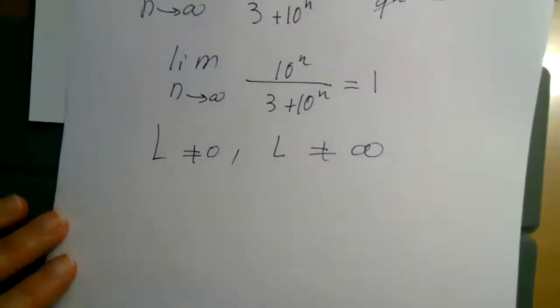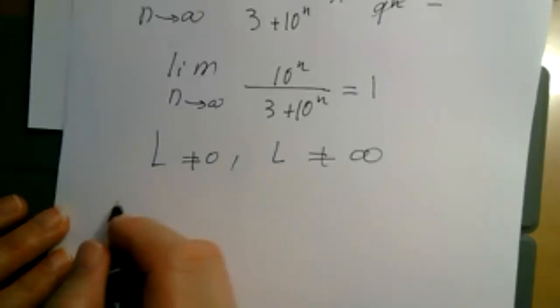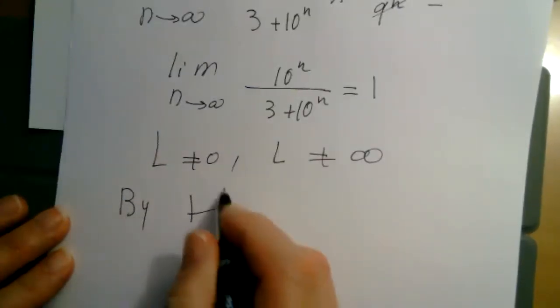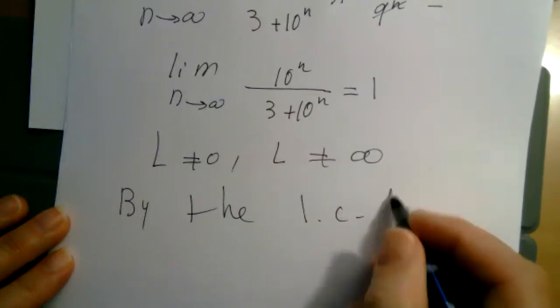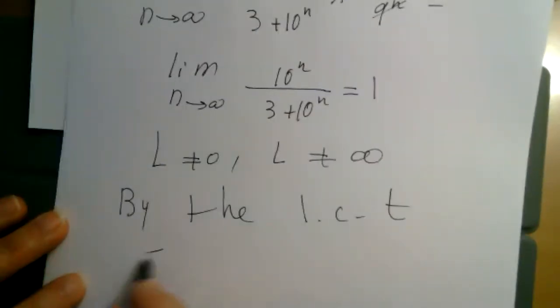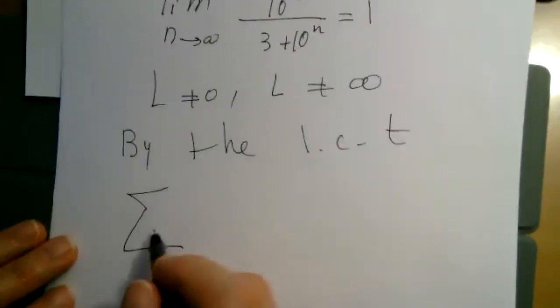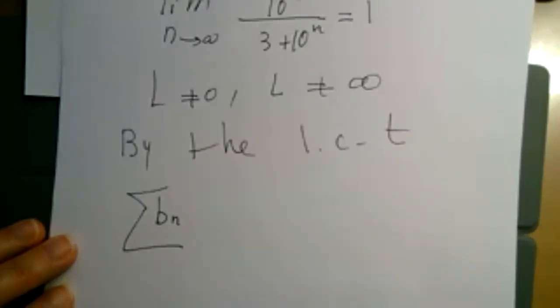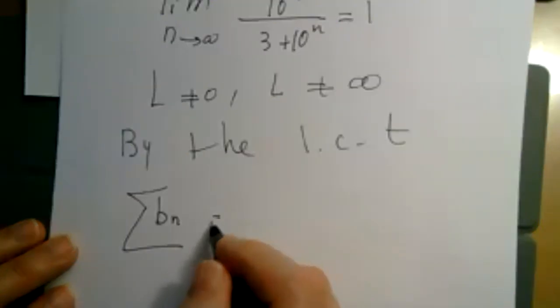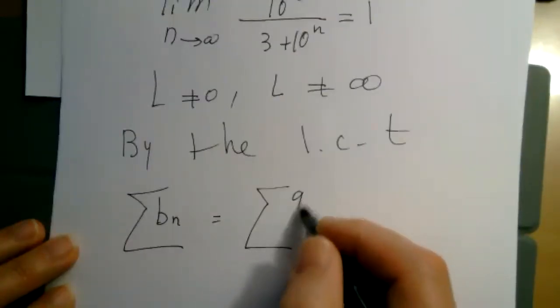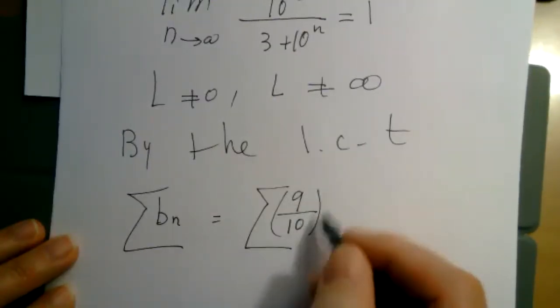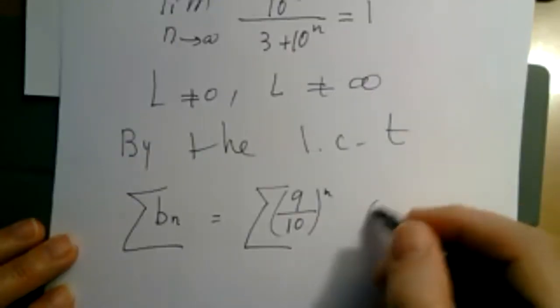So now I can use the limit comparison test. By the limit comparison test, what do we have? Sigma Bn, which is sigma (9/10)^n, converges.